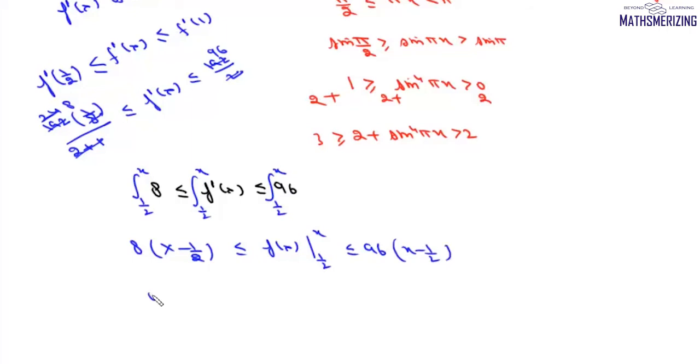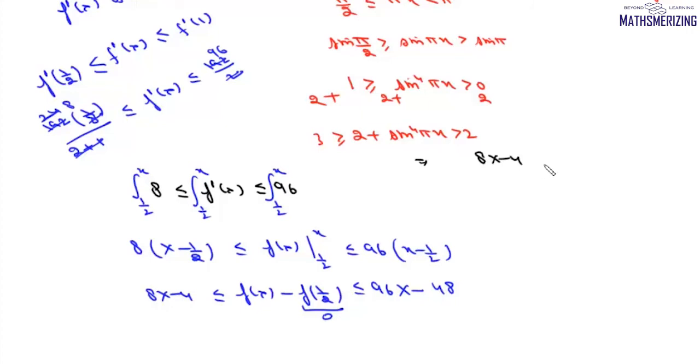So it will be 8x minus 4 less than or equal to f(x) minus f(1/2), and less than or equal to 96x minus 48. Now it is given that the value of f(1/2) is 0. So from here we can simply say that this function f(x) will lie between 8x minus 4 and 96x minus 48.